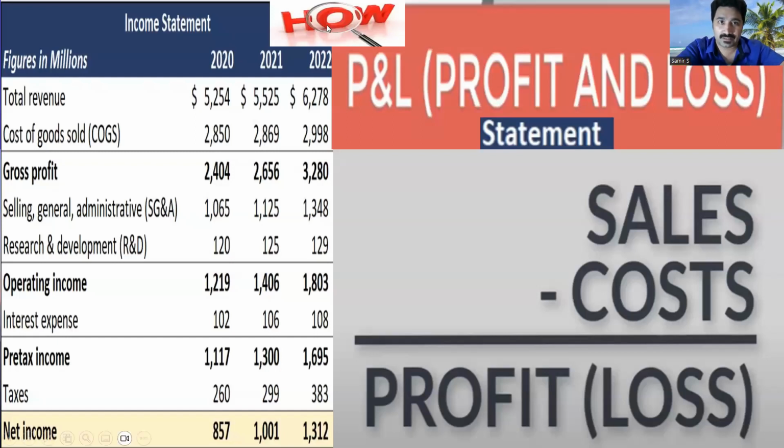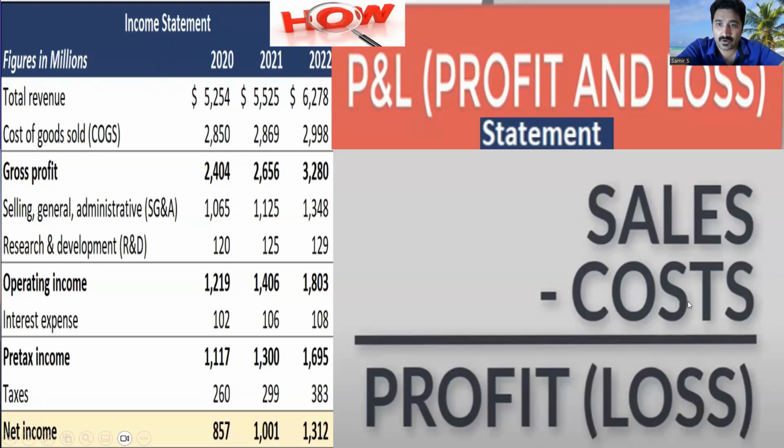Now the final step here is how to make a financial model. We covered what and why, and now it's the how, right? So we are going back to the three statement financial model. In the three statement financial model, we have something called the income statement, also called the profit and loss statement. So what does this statement have?